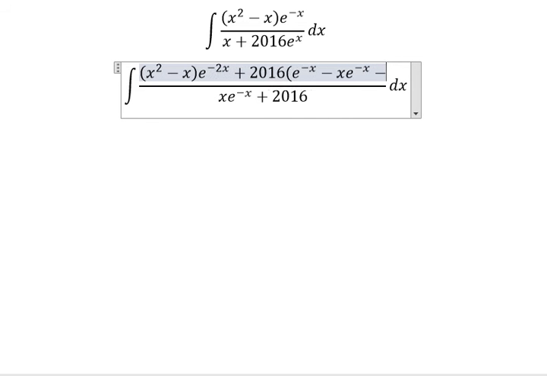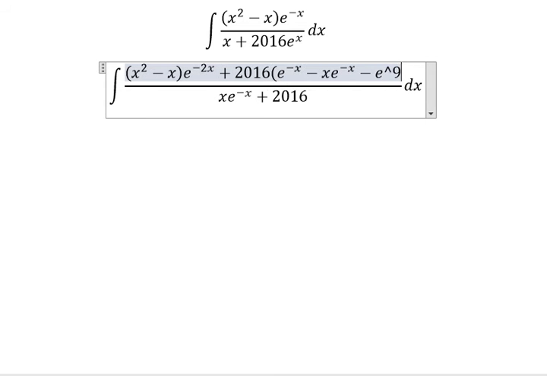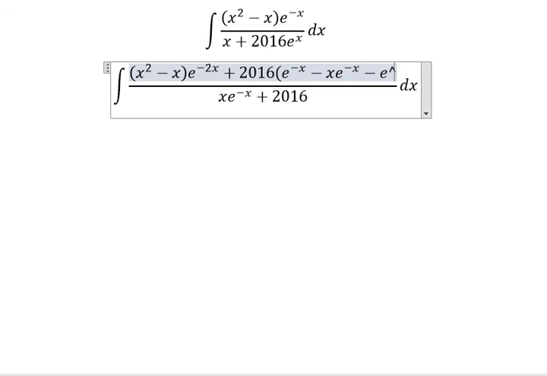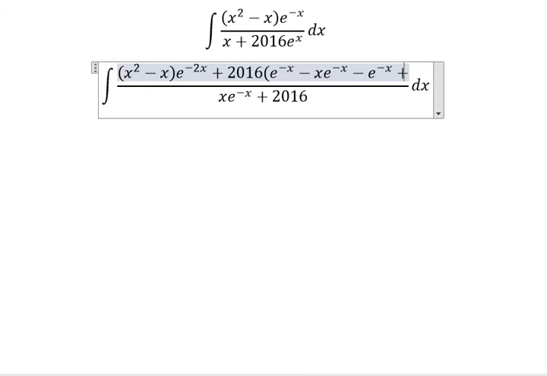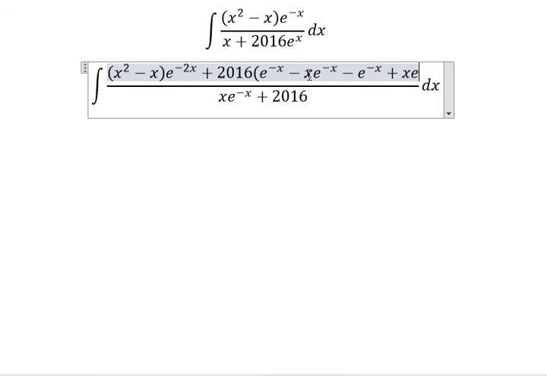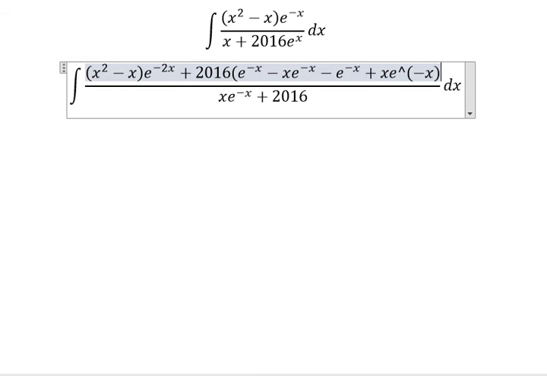So it means we need to minus e to the power of negative x plus x multiplied with e to the power of negative x.